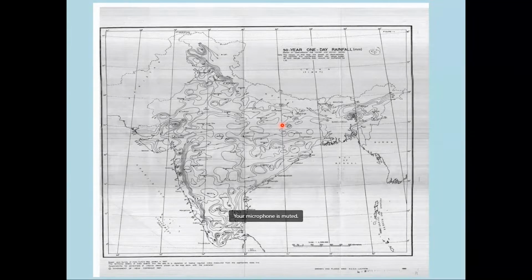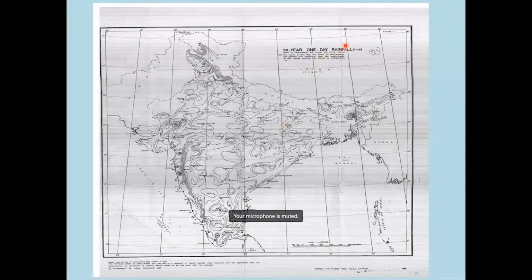Then we have to use the slide which is on the computer screen. This is showing the 24-hour rainfall for the entire country. If I find a location for which there is no plate or where there is no figure of 1 hour or 24 hours duration, then I will use this slide or this figure.